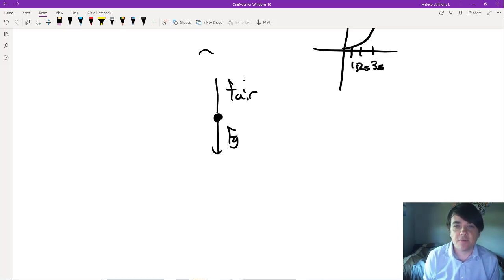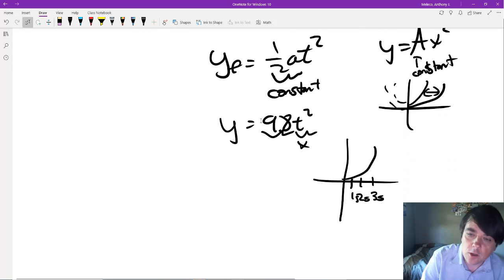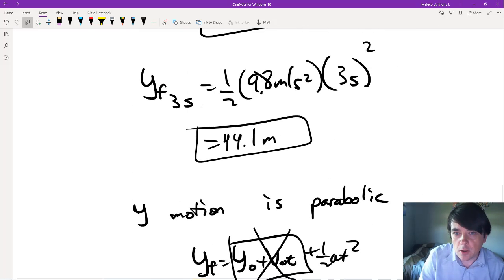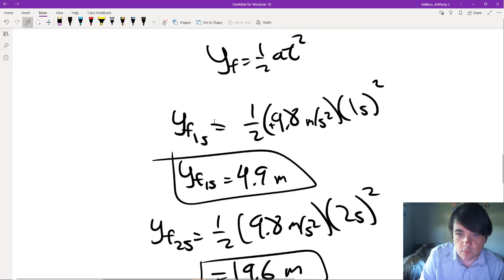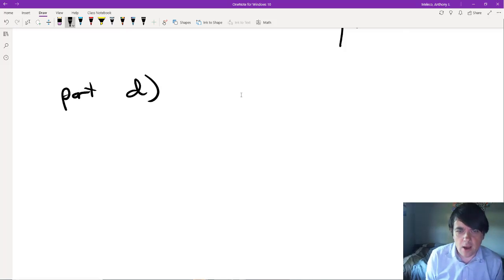Eventually it perfectly counteracts gravity, and so you stop accelerating after a certain amount. Just to explain why you don't increase forever. But yeah, that's how you do this particular problem. Let's do the second part, so part D. We now have a V0 of 3 meters per second under knowns.